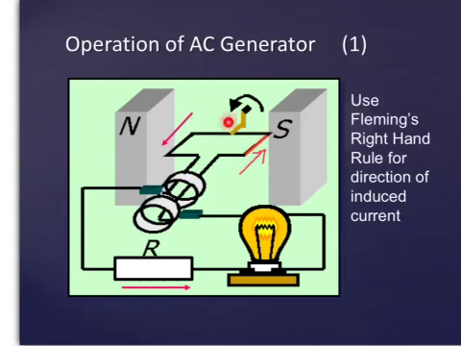Field lines going from north to south is that way, and you find that the second finger should be pointing that way, into the page. So the current flows into the page here, across, out, along this way, through this slip ring, out this way, and through the resistor this way, all the way back.